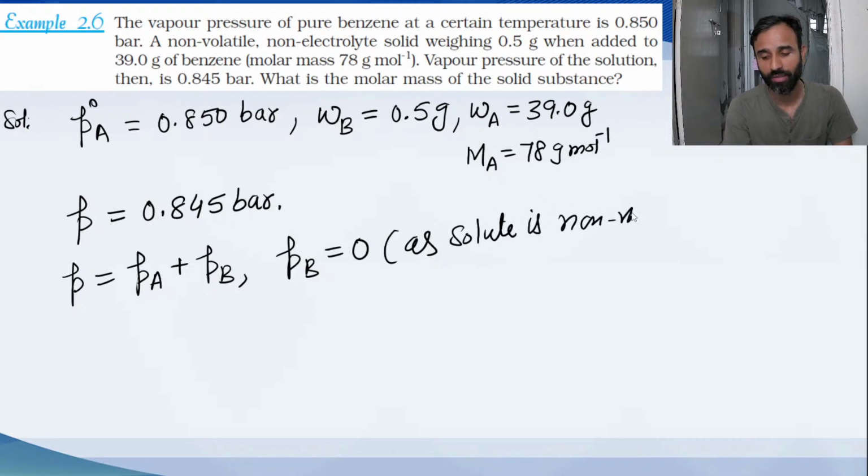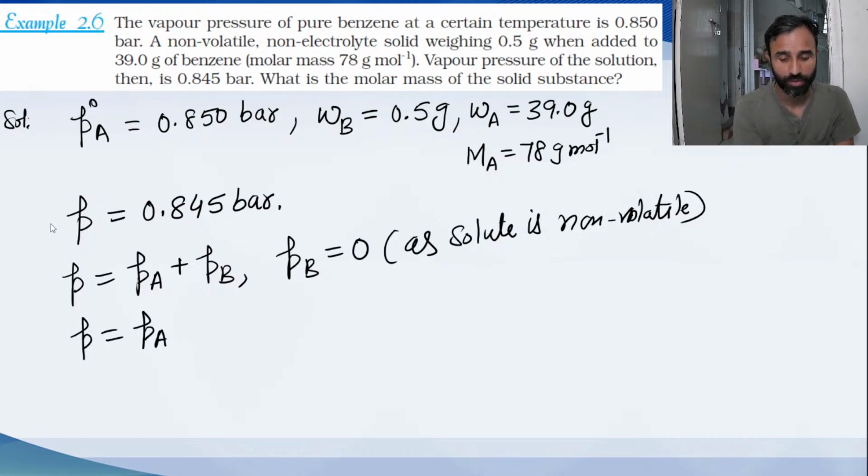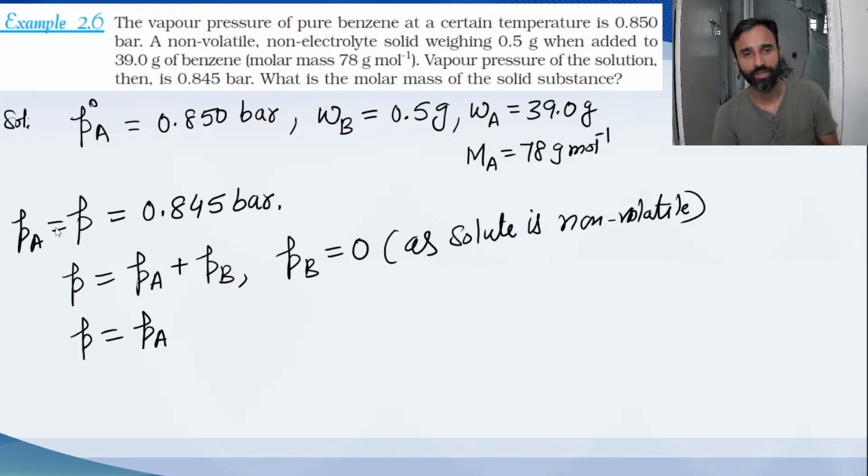Non-volatile means which cannot form vapors. It is non-volatile, right? So now P is equal to PA actually. That means the vapor pressure of the solution is the vapor pressure of benzene in the solution. When solute is added, PA is equal to 0.845. So now we apply relative lowering of vapor pressure.